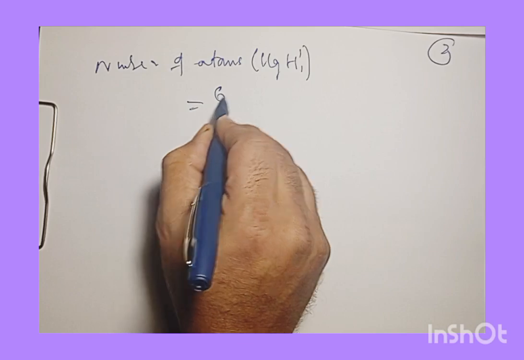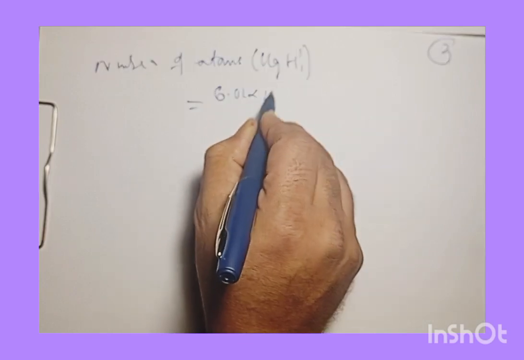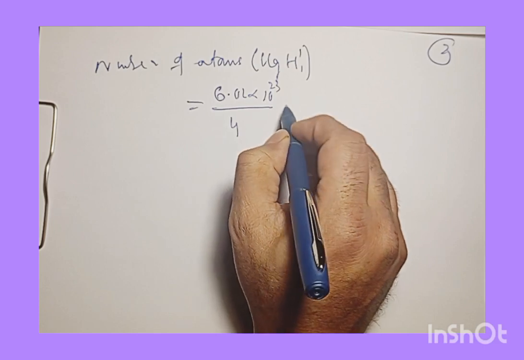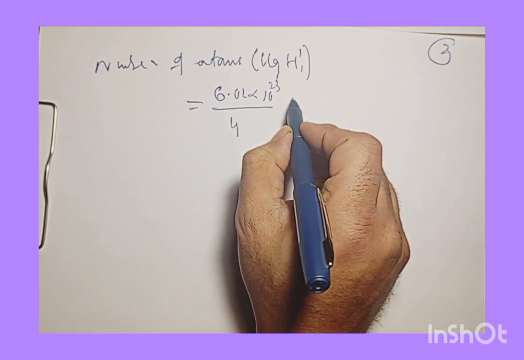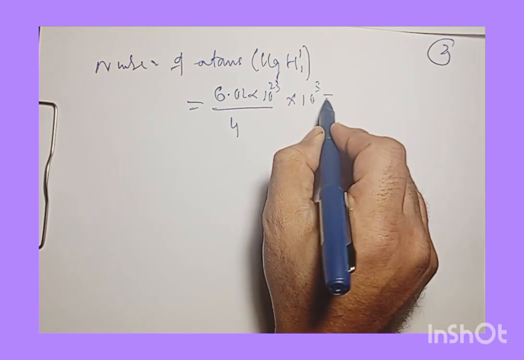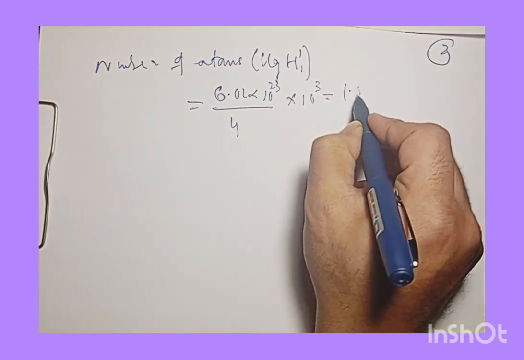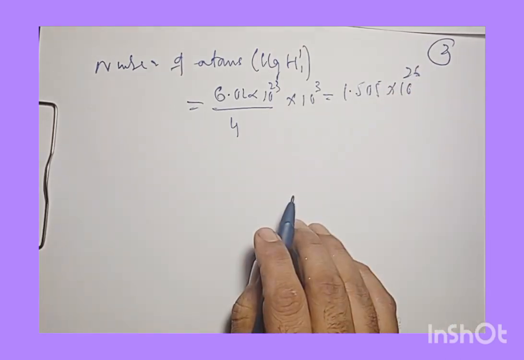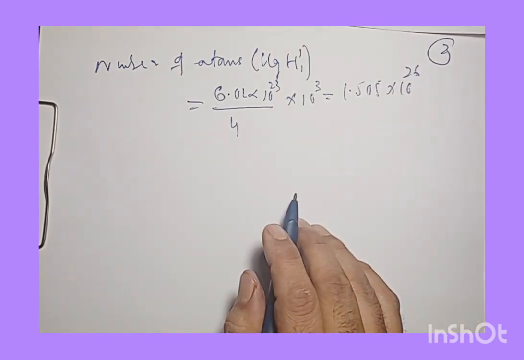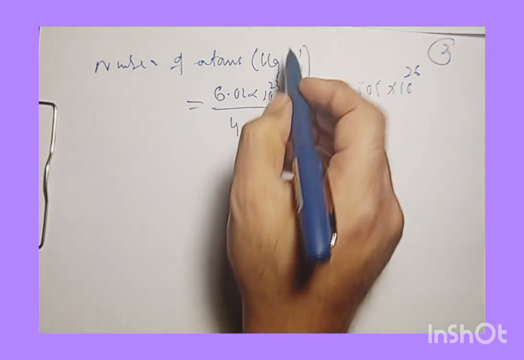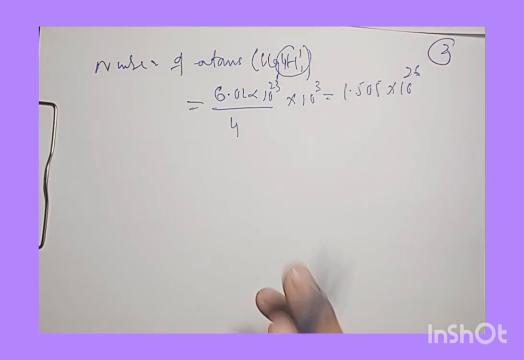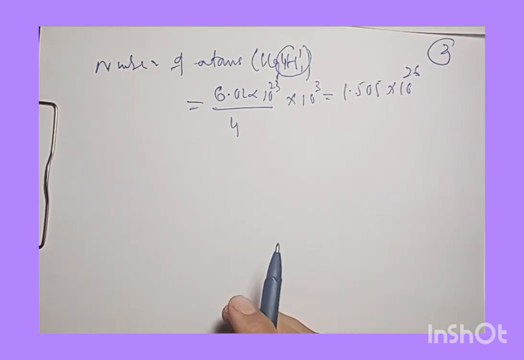That will be Avogadro's number, 10 to the power of 23, divided by 4, taking 4 hydrogens into consideration, into 10 to the power of 3, and this will give us 1.505 times 10 to the power of 26 atoms in 1 kilogram of 4 hydrogen atoms. It is 1 kilogram of 4 hydrogen atoms, because 4 hydrogen atoms take part in fusing together to form helium.